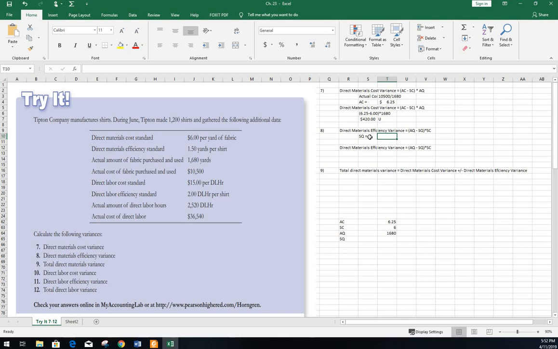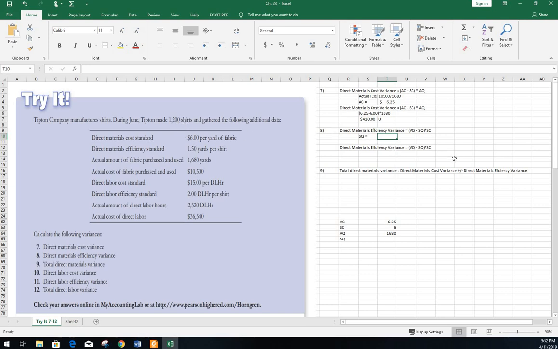So what would be the standard quantity based on what we used? In order to calculate that number, we need to know the efficiency standard, which was 1.5 yards per shirt, and how many shirts we made. If the standard is 1.5 yards per shirt and we made 1,200 shirts, then our standard would be those two numbers multiplied.